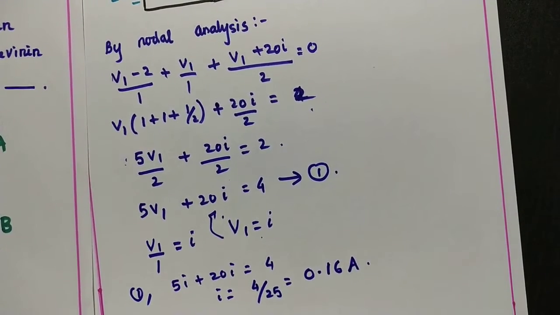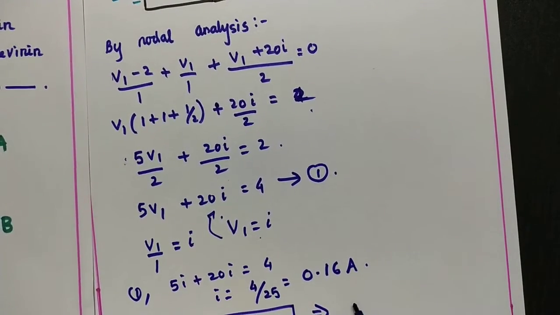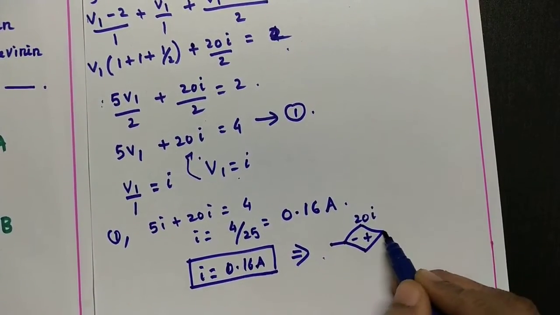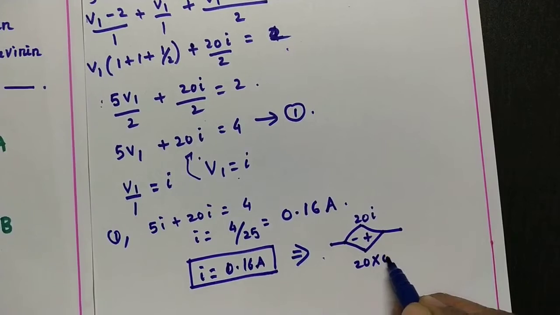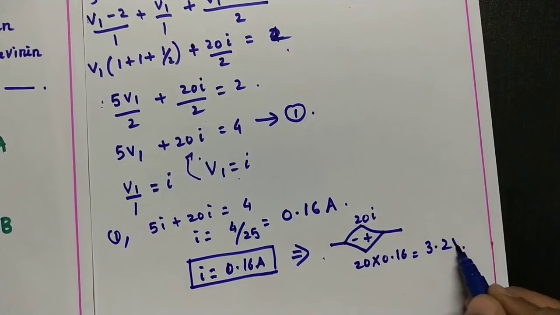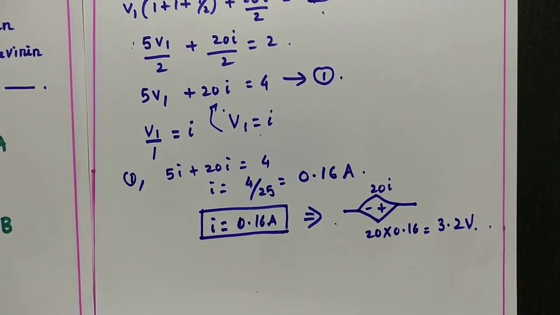So we found I as 0.16 amps. Let me solve for the dependent voltage source. That is given as 20I. So 20 into 0.16, that is equal to 3.2 volt. So 3.2 volt is the dependent voltage source voltage.